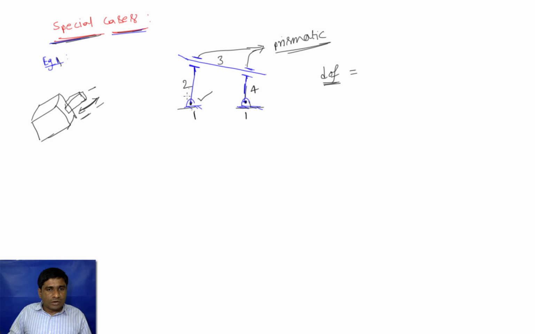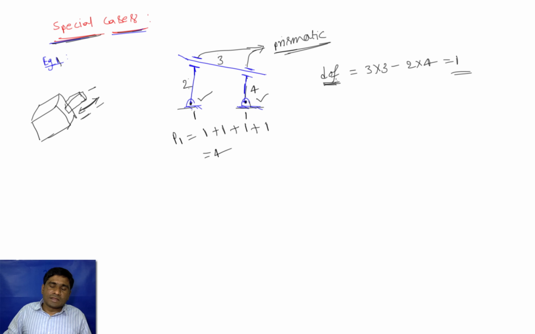Revolute joint between 1 and 2, so p1 equals 1, plus 1 between 2 and 3, the prismatic joint, which allows only 1 degree of freedom, plus 1 between 3 and 4, so p1 is 4. Degree of freedom equals 3 into 3 minus 2 into 4, so degree of freedom equals 1.